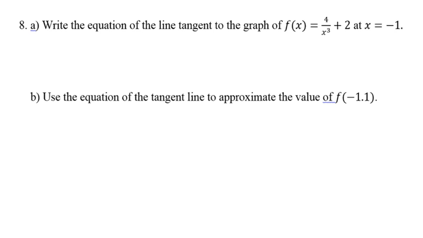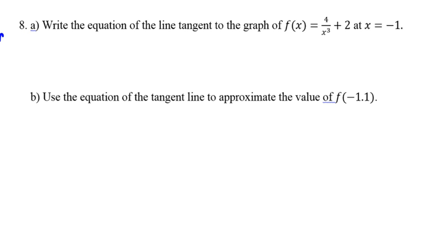All right, 8a. Write the equation of the line tangent to the graph of f of x equals 4 over x cubed plus 2 at x equals -1. Well, what I'm going to do first is rewrite this f of x.